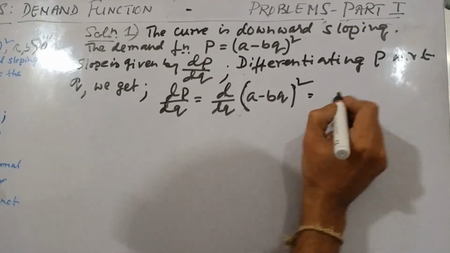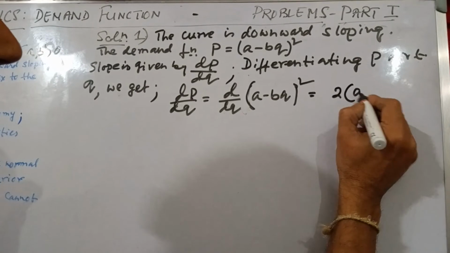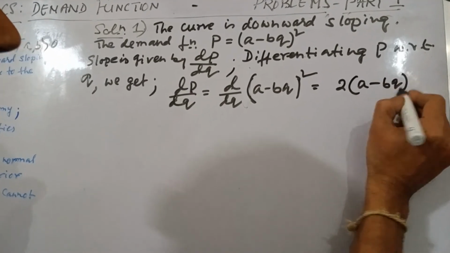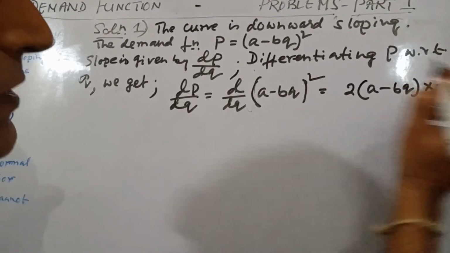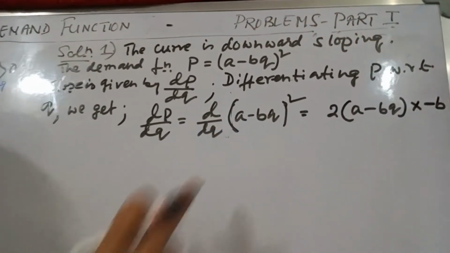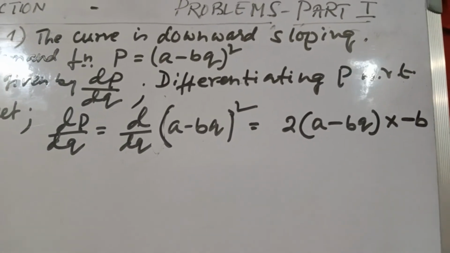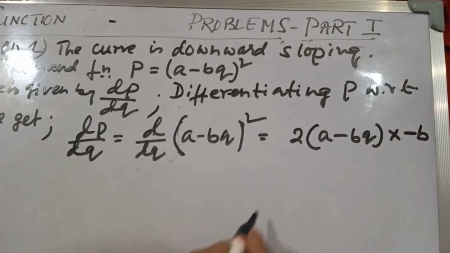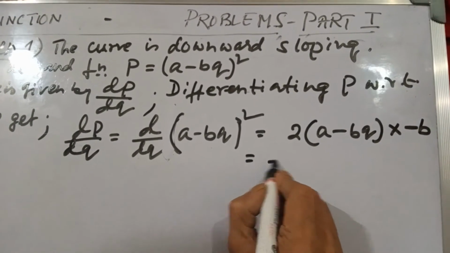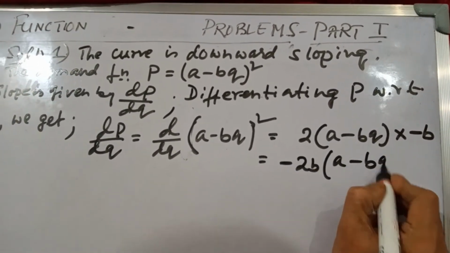This is equal to 2 (A minus BQ) into minus B. If you differentiate A minus BQ, we get minus B. So this is equal to minus 2B into (A minus BQ).